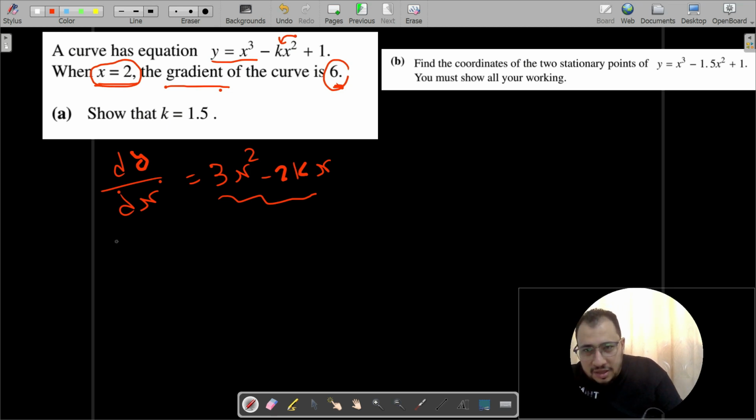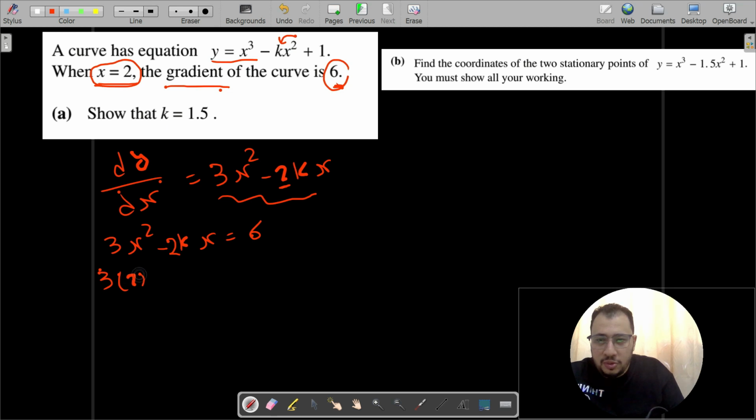Let's do that step by step. So 3x squared minus 2kx equals 6. Then you substitute x with 2. So 3 multiplied by 2 to the power of 2, minus 2k multiplied by another 2, equals 6.